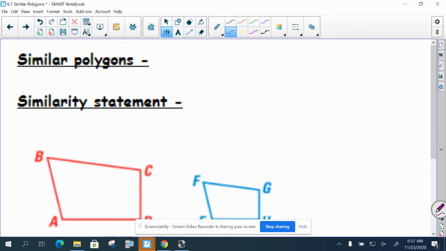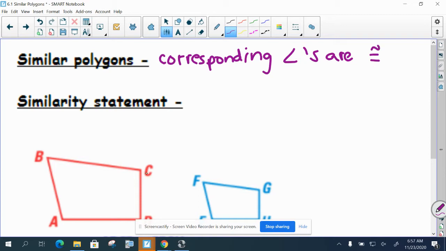Similar polygons mean that the corresponding angles are congruent. So the angles are congruent, but the sides are not congruent. They are proportional.